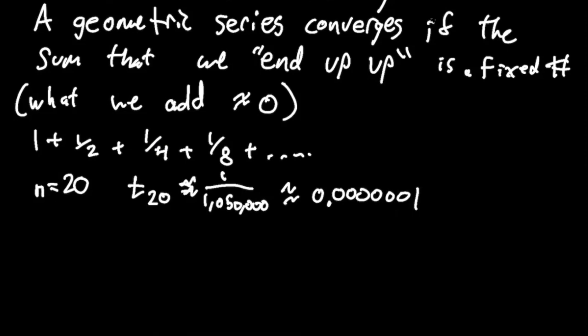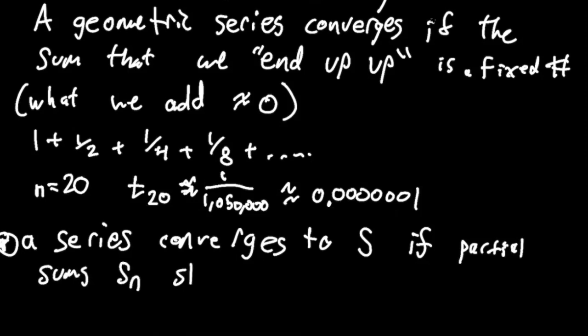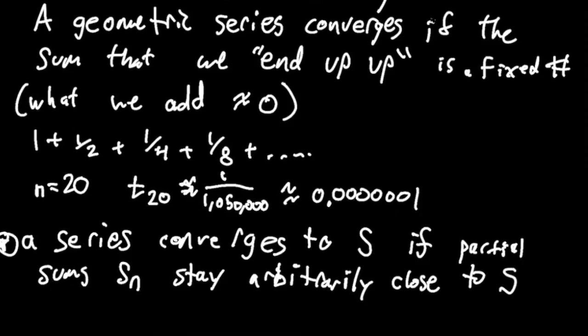Formally, our book defines this as a series converges to S if the partial sums S sub n stay arbitrarily close to S as n gets very large.